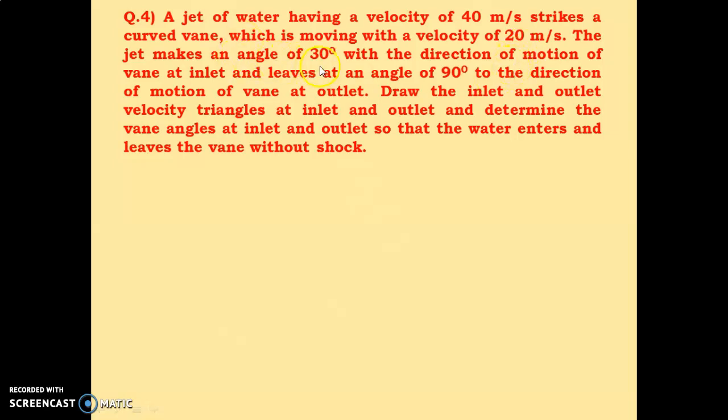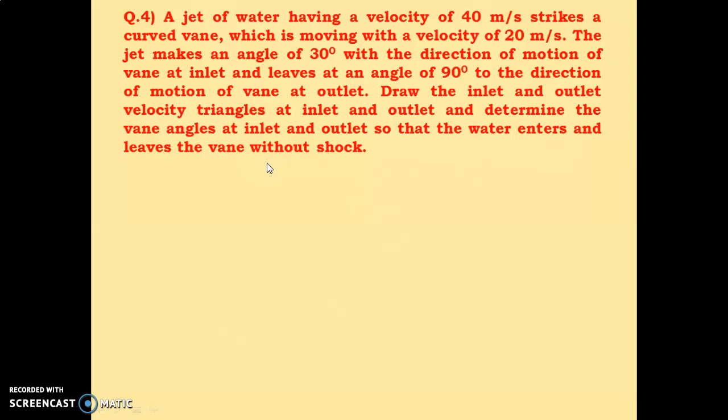The jet makes an angle of 30° with the direction of motion of vane at inlet and leaves at an angle of 90° to the direction of motion of vane at the outlet. Okay. Draw the inlet and outlet velocity triangle and determine the vane angles at inlet and outlet so that the water enters and leaves the vane without shock.